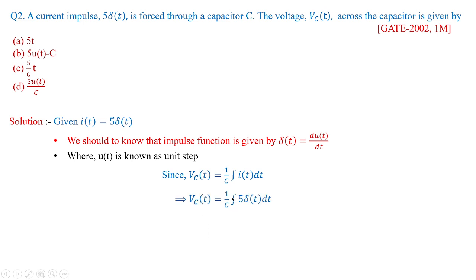Now taking I of t, which is phi del of t, dt, we know that del of t is the impulse function, and the integration of the impulse function can be changed to u of t, and this phi goes out. C remains as it is in the denominator. So phi u of t by C. Hence, option D is the right answer.